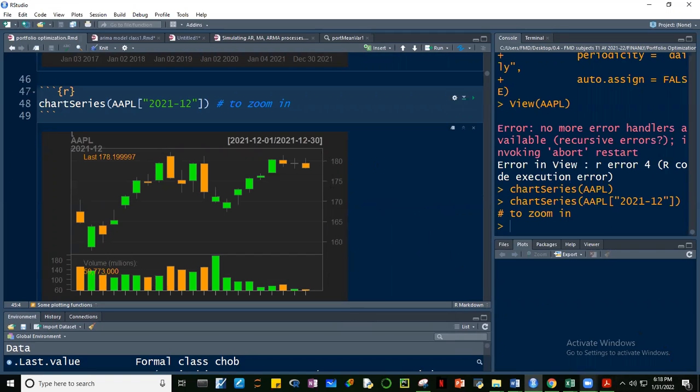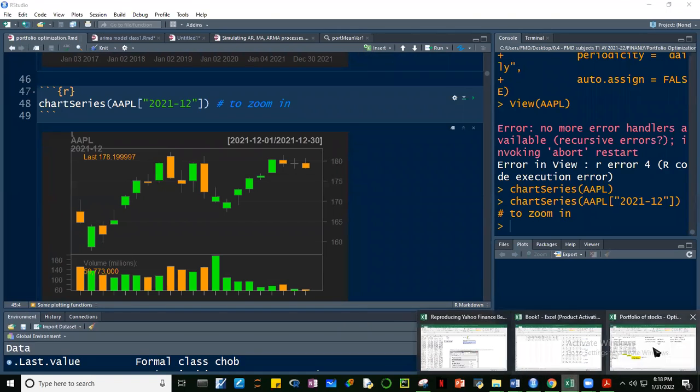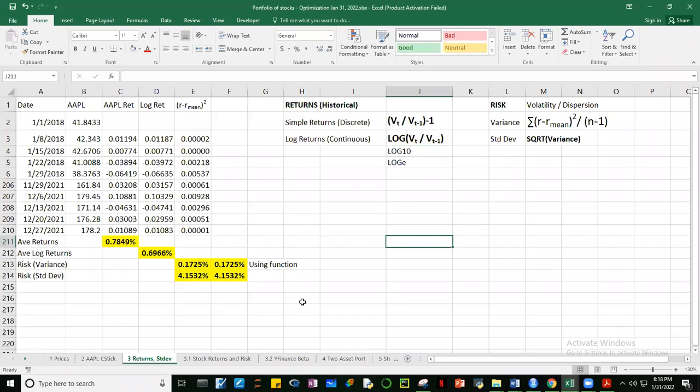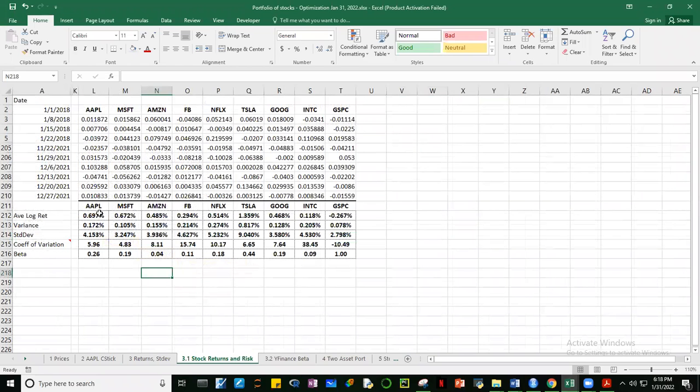Okay, so let's go back to our lesson here. All right, so we learned how to compute for the returns, and last time what we did was we computed for the returns of the stocks and even the index, the S&P 500. So we computed for the average log returns.